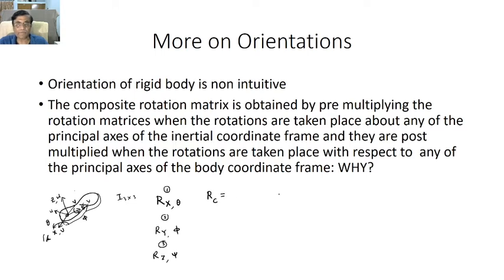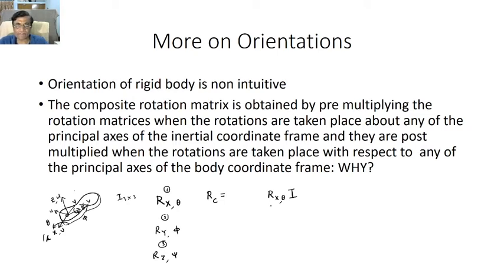So C will be equal to, because matrix multiplication can also be assumed to be an operator. Initially it started with the unitary matrix 3 cross 3, and then it is order dependent, right? So what will be the description of the body after the first operation?